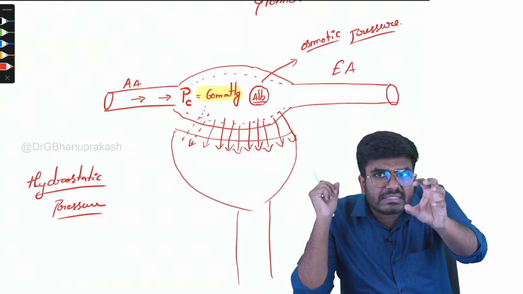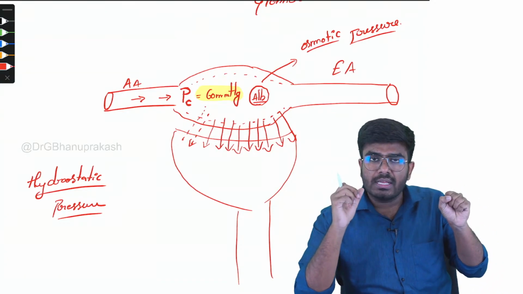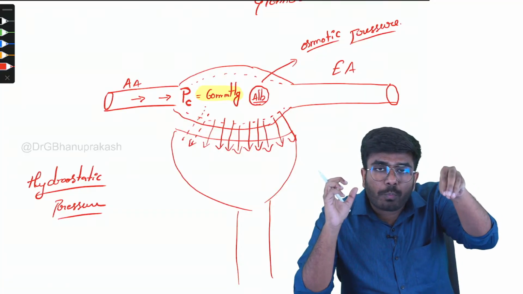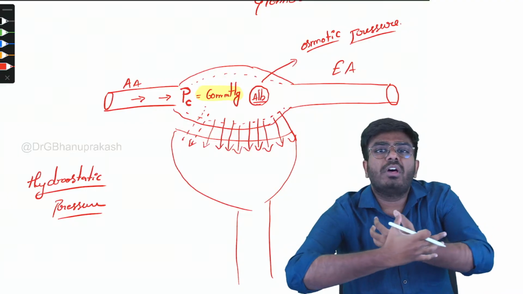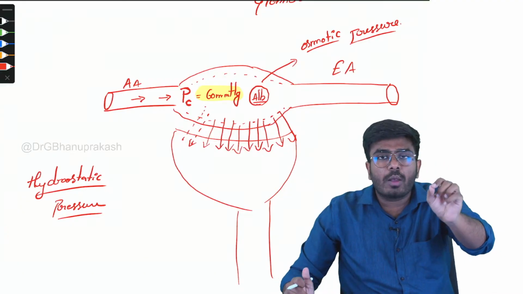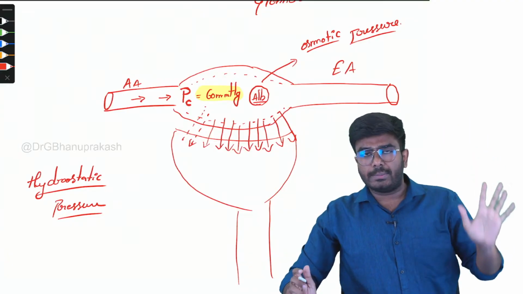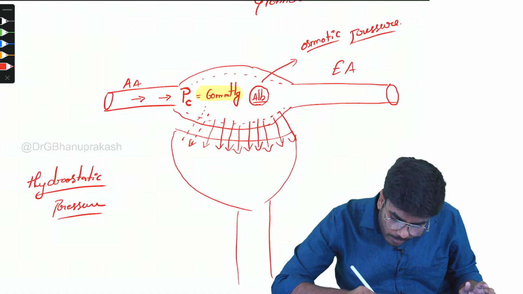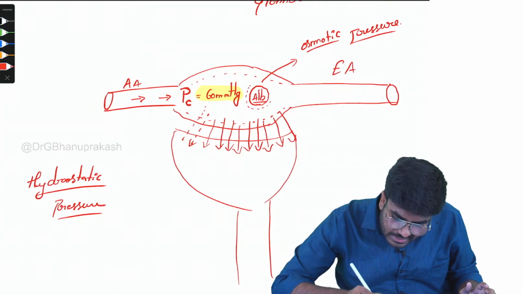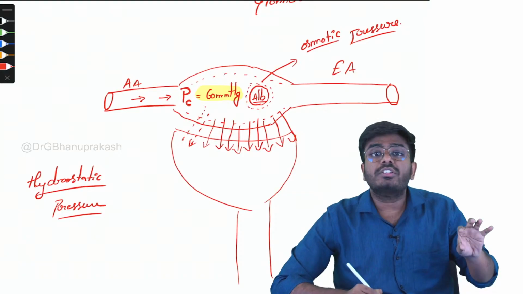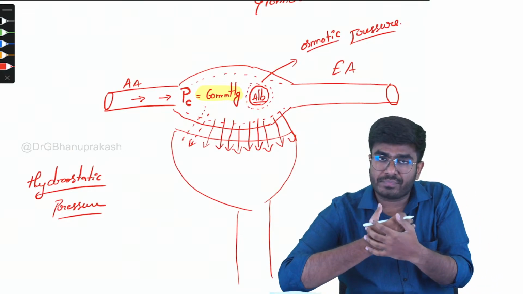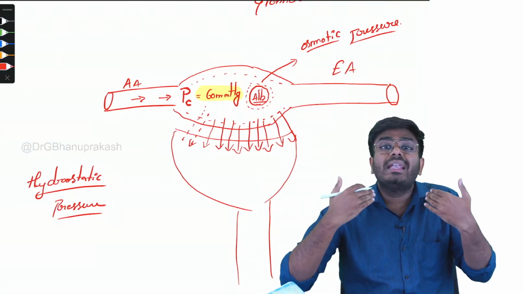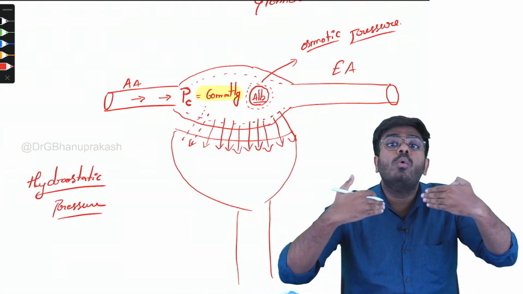Sponge pieces will try to absorb the water, or they try to keep the water with themselves. The same albumin molecules will also behave like that. Now, these albumin molecules are also acting like sponge pieces. They want the plasma to be with them. They are not letting the plasma move out of the blood vessel.